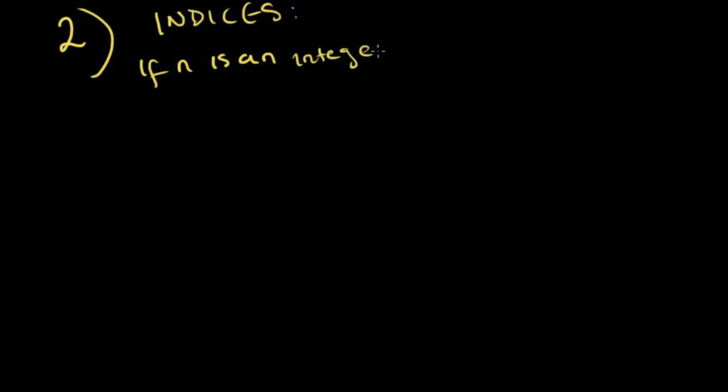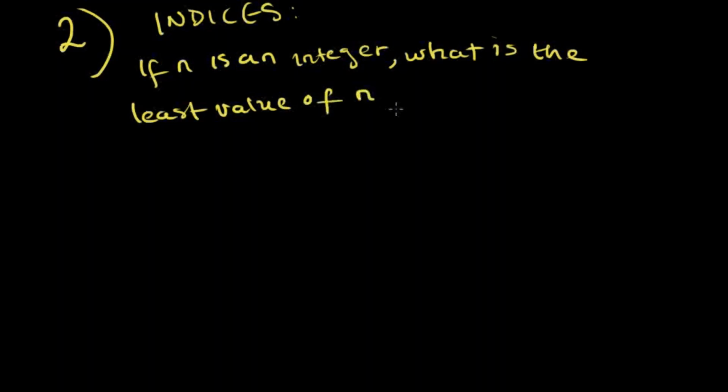So we are solving indices. Now, indices. So I'll just take a few examples from indices. So if n is an integer, what is the least value of n such that 1 over 3 raised to the power of n is less than 0.01?